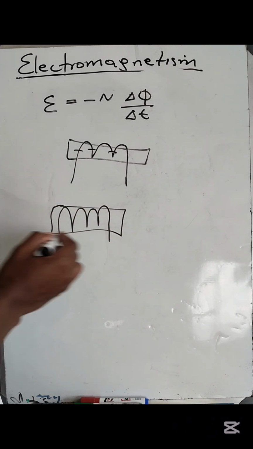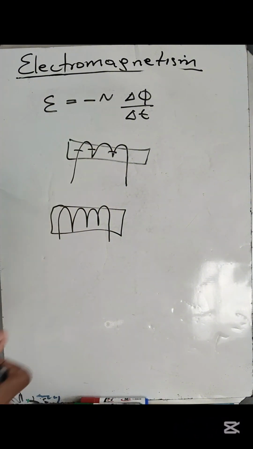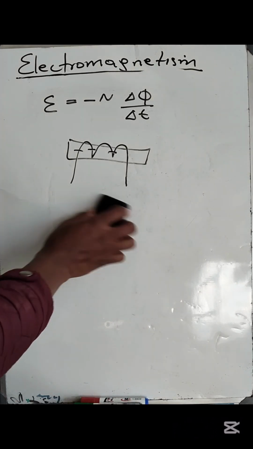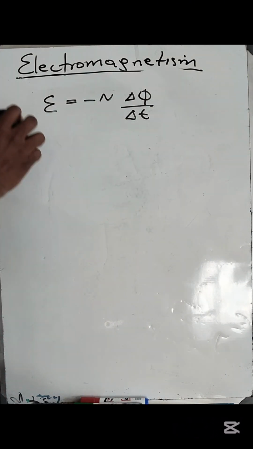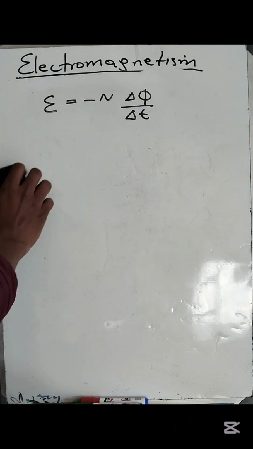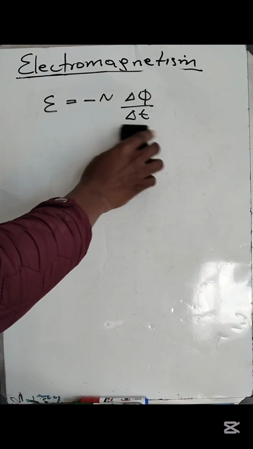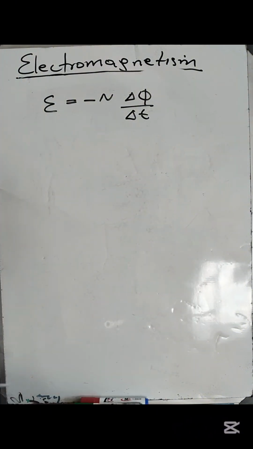You can also increase the speed of the magnet. You can also use a stronger magnet so that the magnetic field strength will increase.